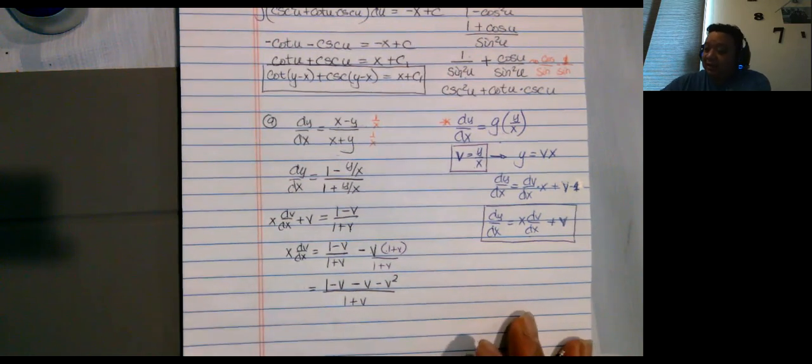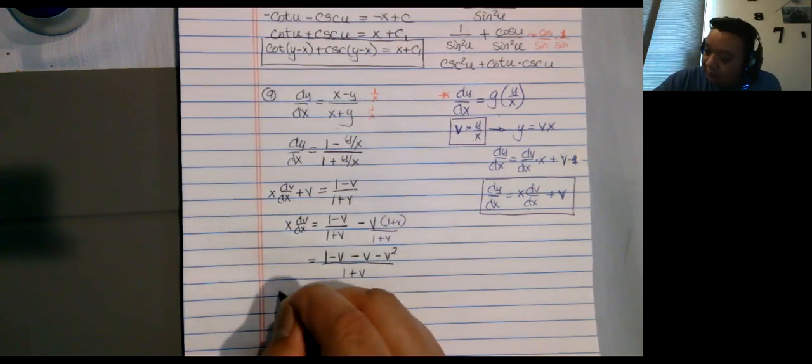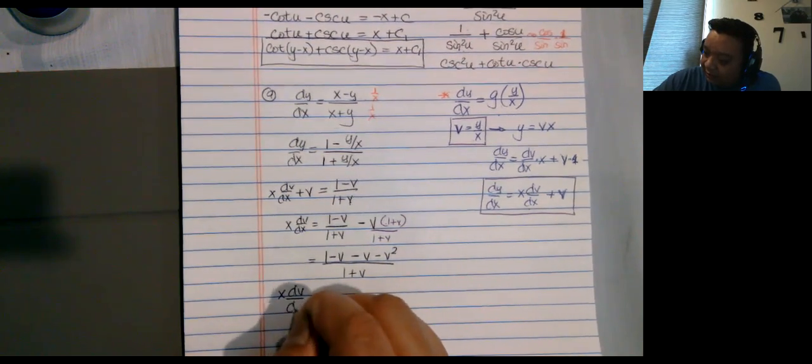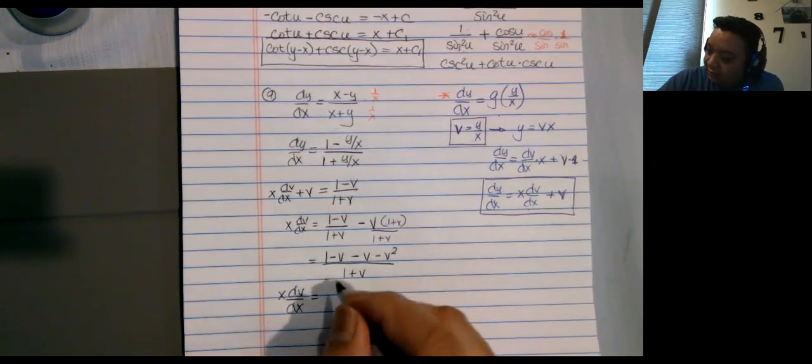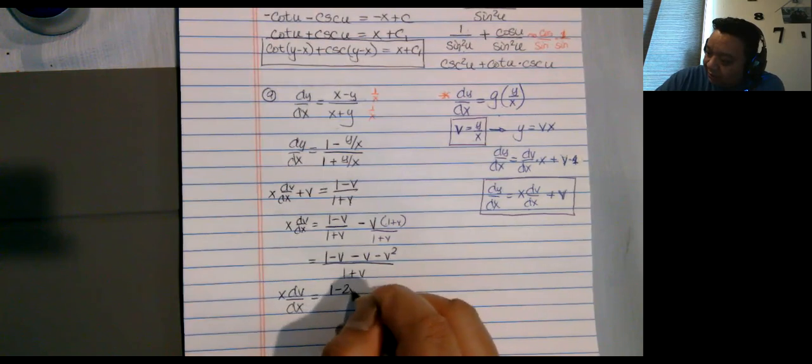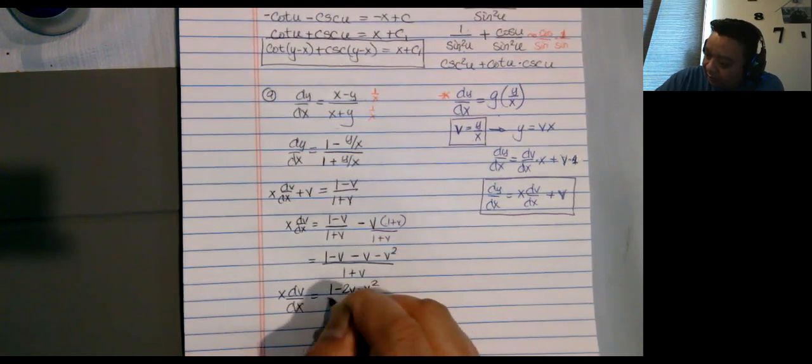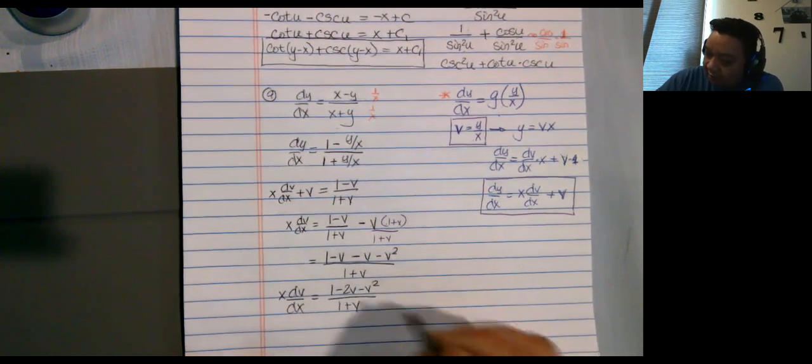Which simplifies to x dv dx is equal to 1 minus 2v minus v squared all over 1 plus v.